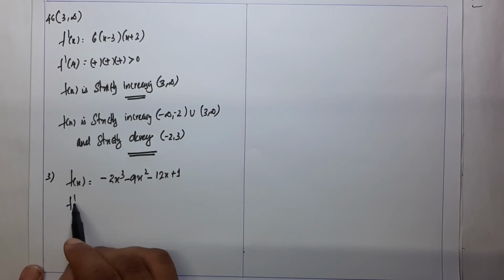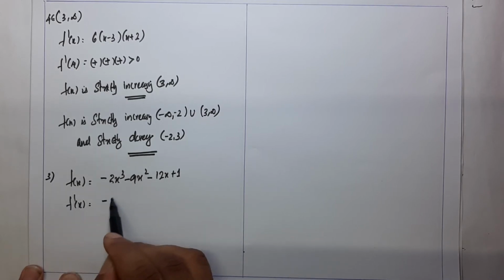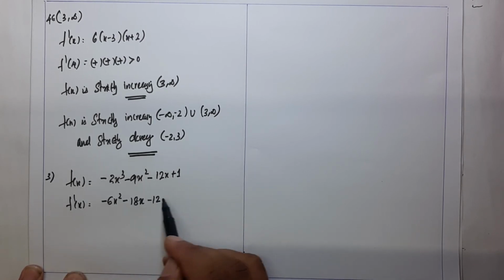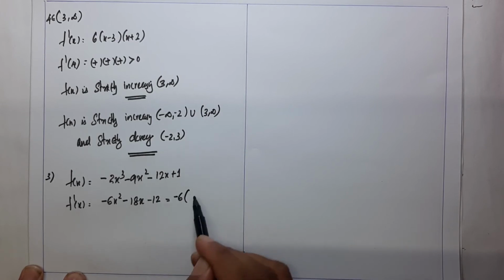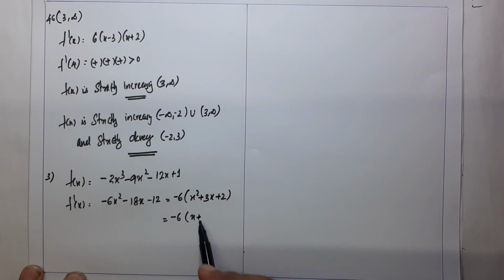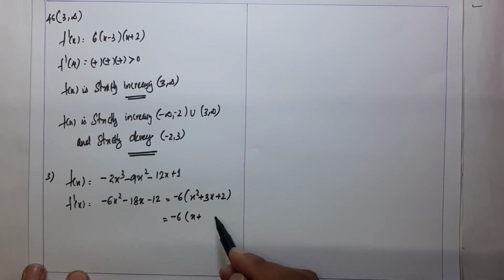First of all, we find f dash x, that is minus 6x square minus 18x minus 12. Then here minus 6 is common and therefore x square plus 3x plus 2. On factorizing this second degree, we get x plus 1 into x plus 2.